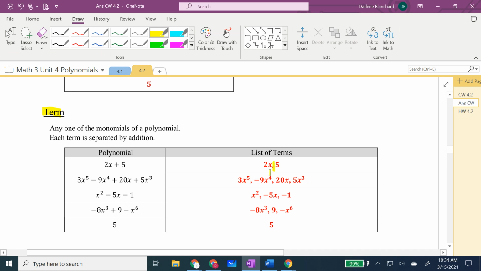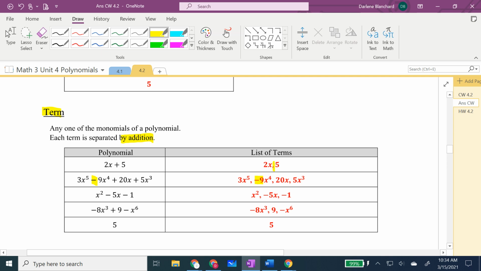So a comma in between the 2x and the 5. And make sure that you realize that when you see subtraction, that is actually part of the term, because really the terms are separated by addition.